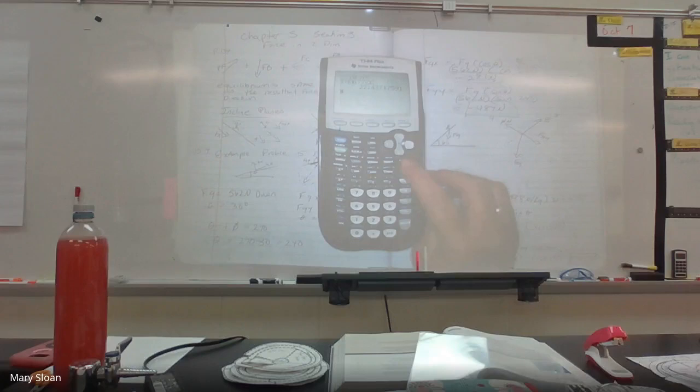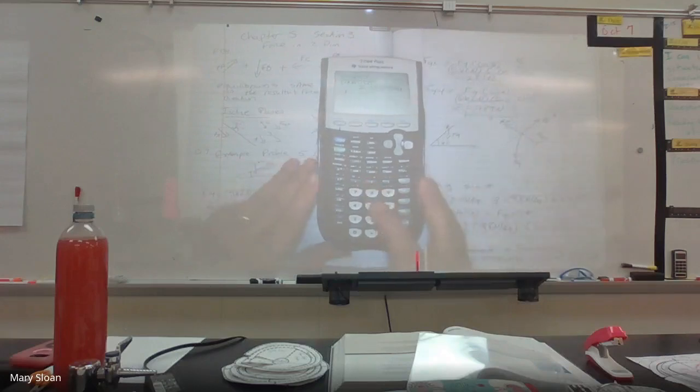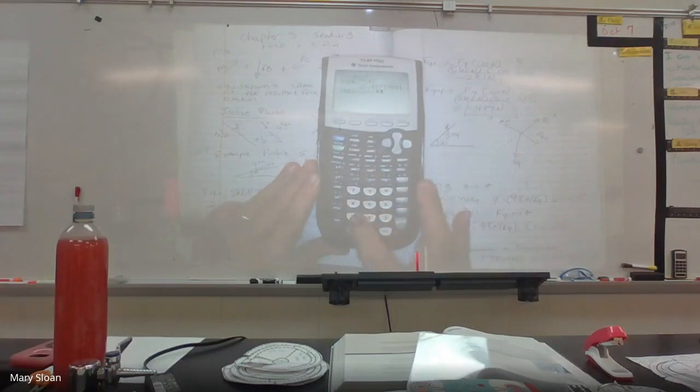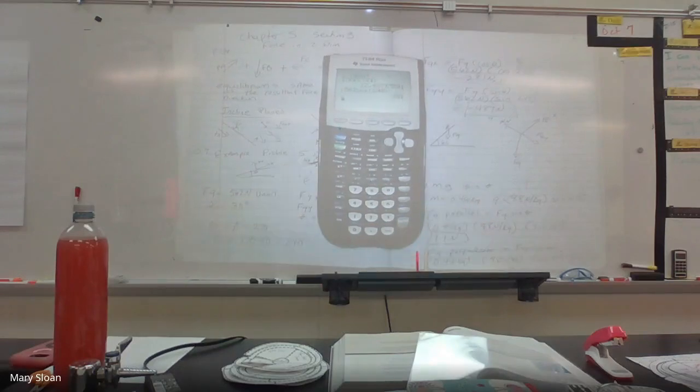So what I want you to do now is put this equation in. The one that's right here, 562 cosine 240. So, open bracket, 562 cosine 240, and hit your close bracket and hit your enter. What did you get?